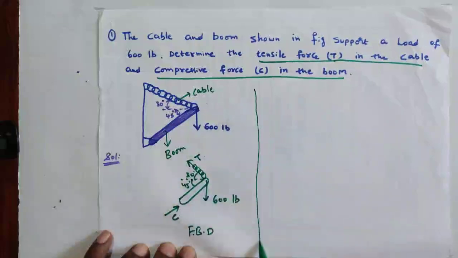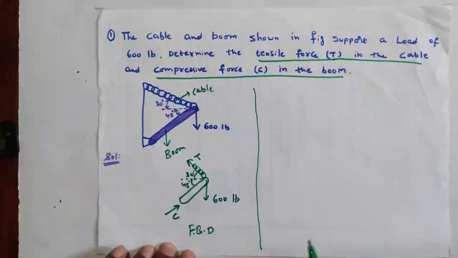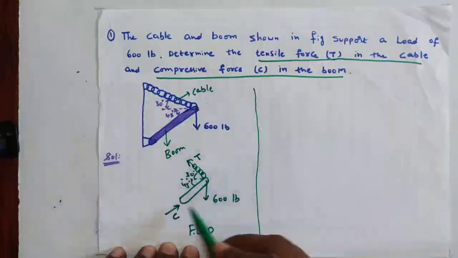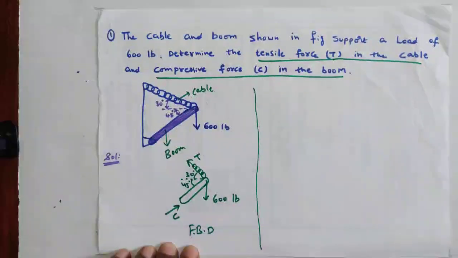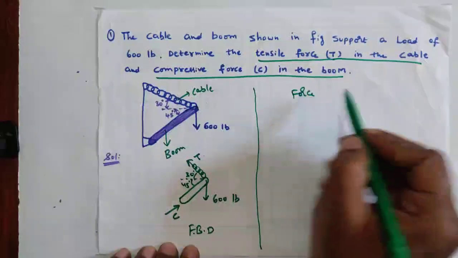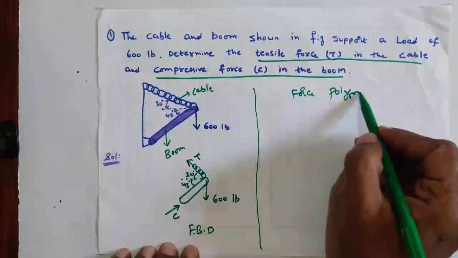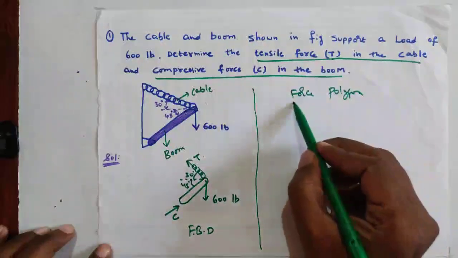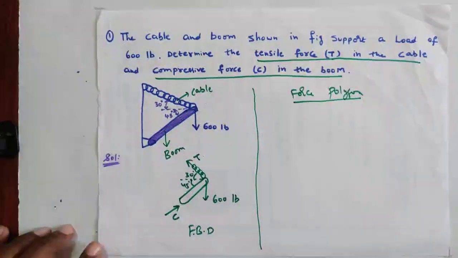Now based on the free body diagram, with these three forces I am trying to make a polygon, a force polygon. With the help of the force polygon I am going to solve this problem.